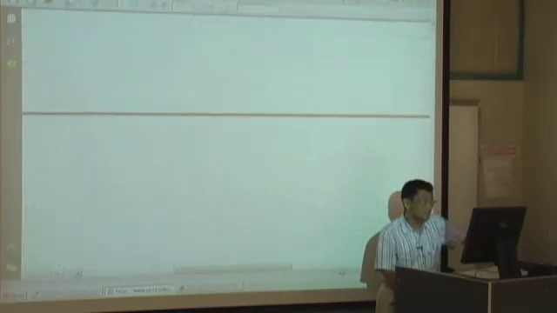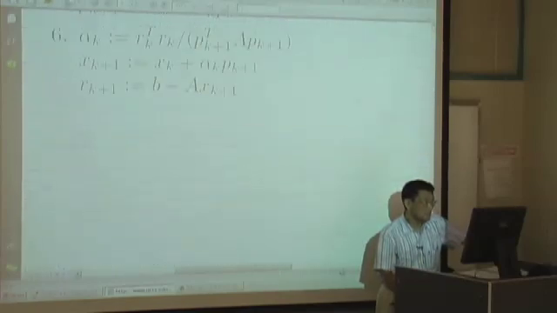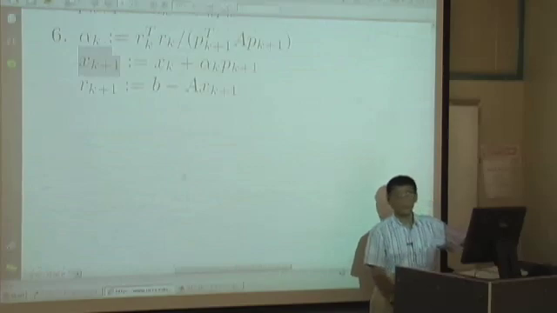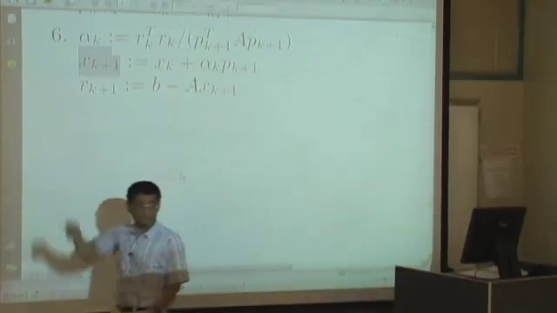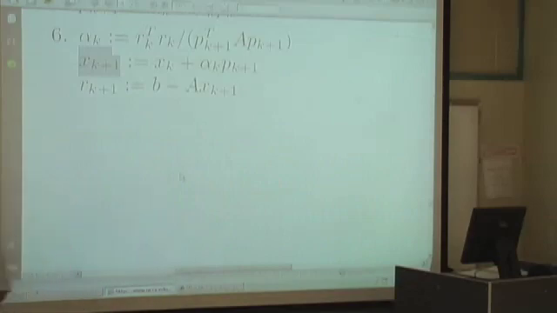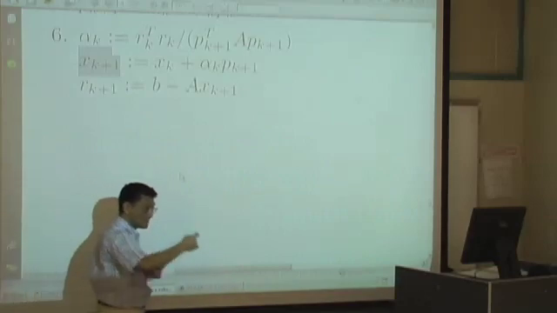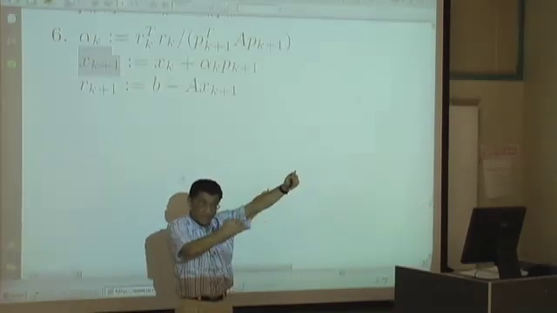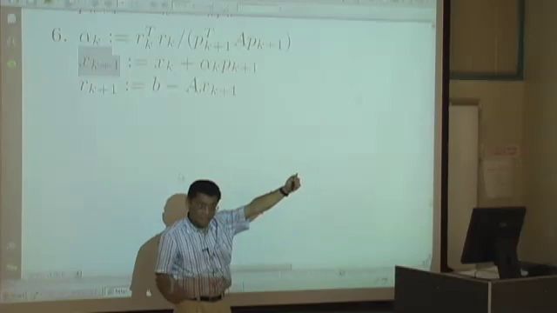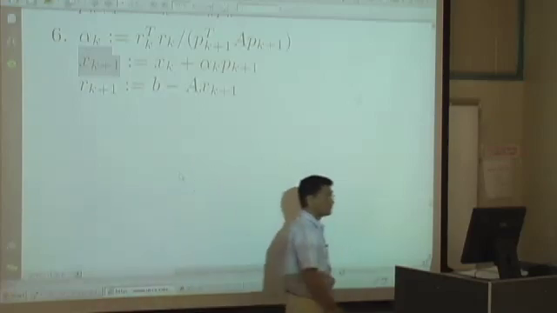X plus 1 is made right here. And n is used upstairs, and this becomes n plus 1. The total is n iterations. Initially x0 is assigned, but each iteration creates a new x.